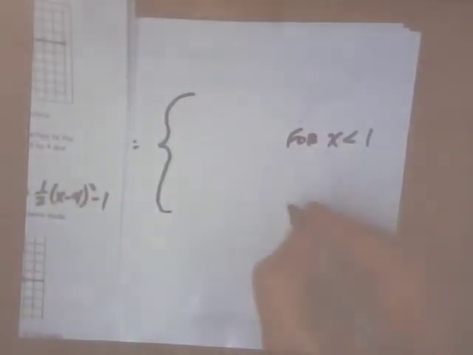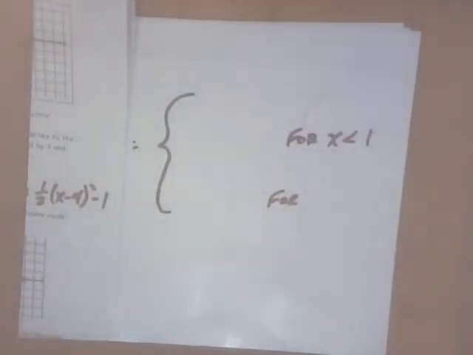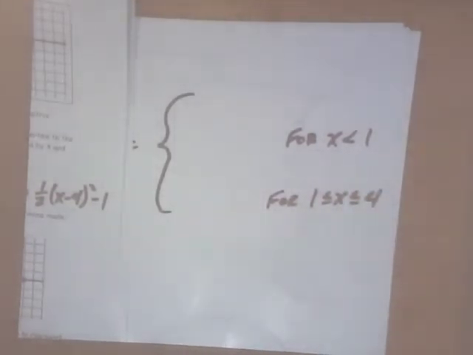And then the other one is going to be for, what's the domain of the other one? 1 to 4? Yeah. So 1 less than or equal to x less than or equal to 4.